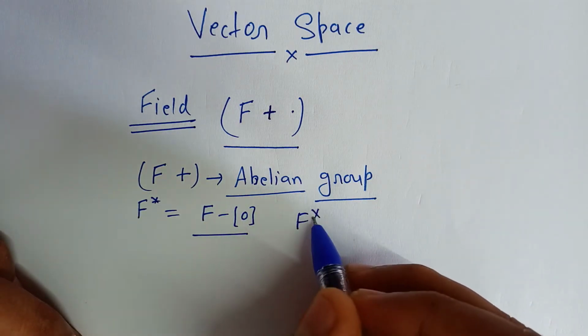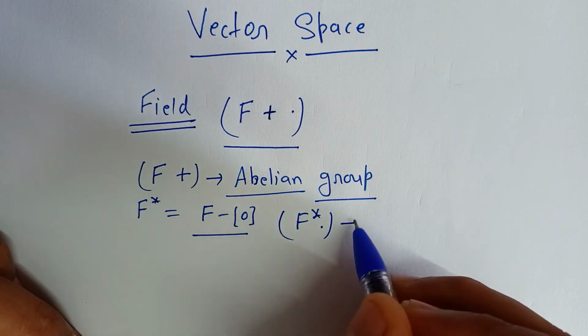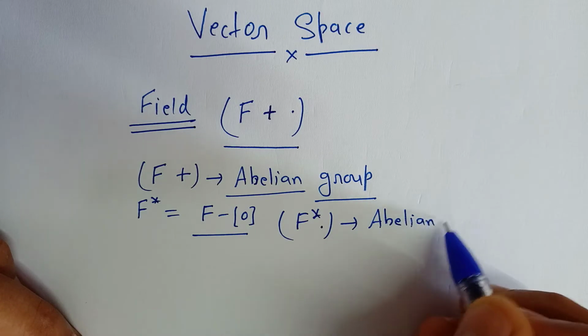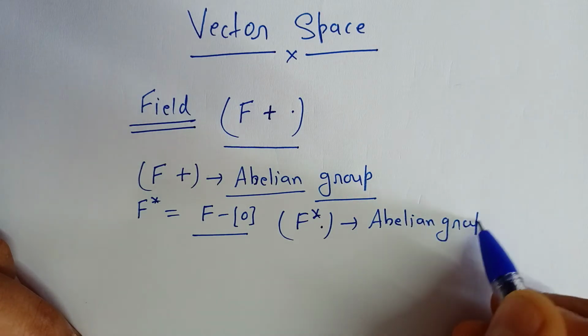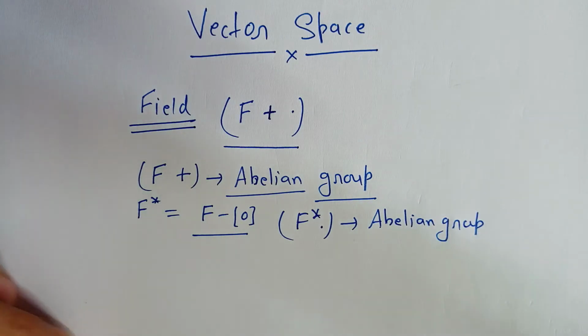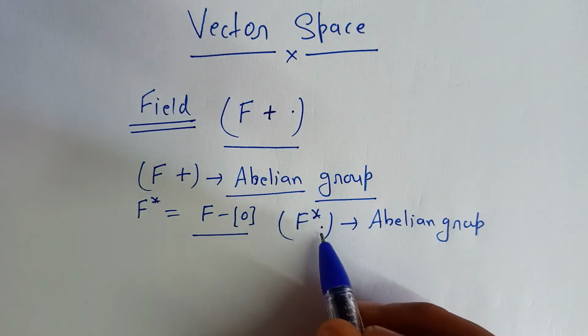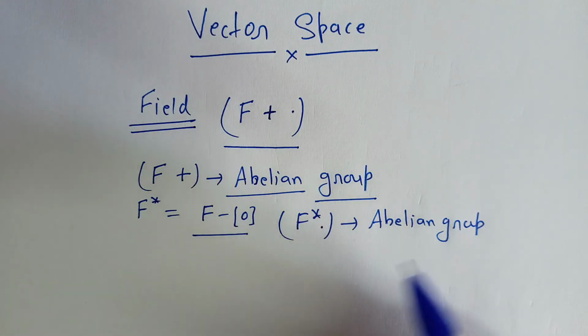So F star forms the abelian group. Fine, so (F, +) forms an abelian group and F star with multiplication forms the abelian group.